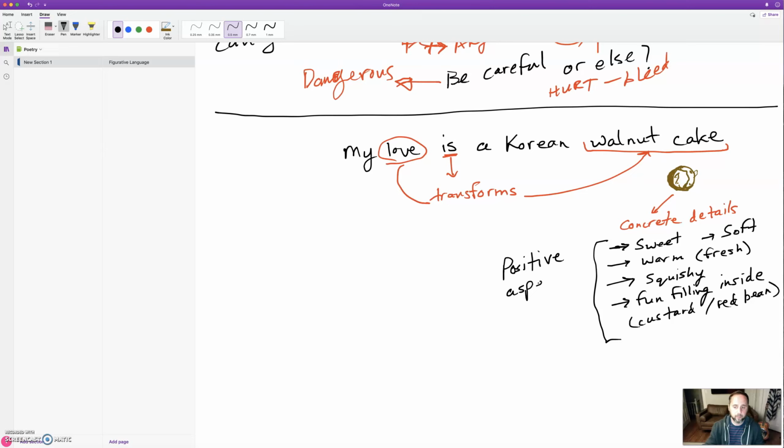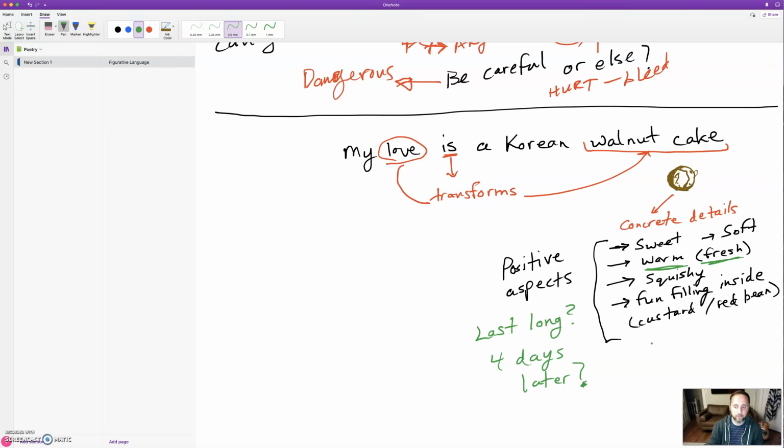positive aspects, right? But I mean, do Korean walnut cakes stay warm and fresh for very long? Do they last long? Can you eat them 4 days later? Will they still be good? Will they still stay fresh? Not really.